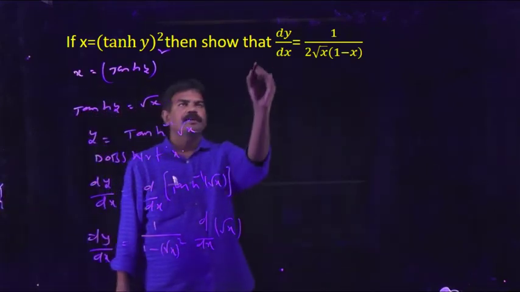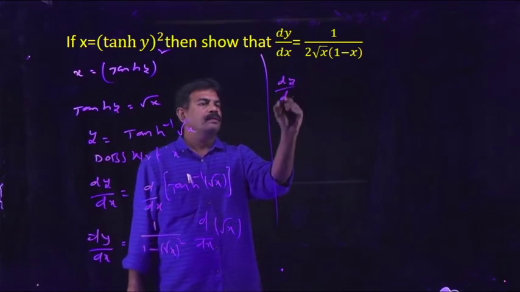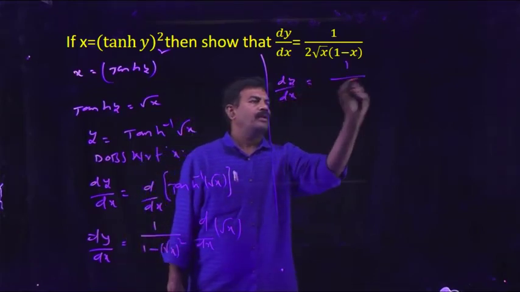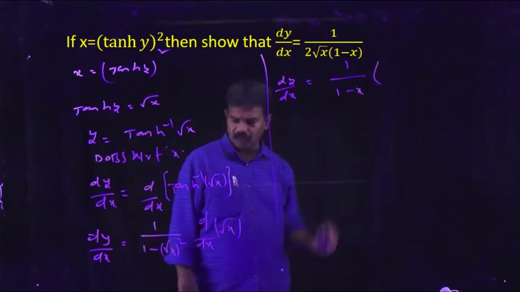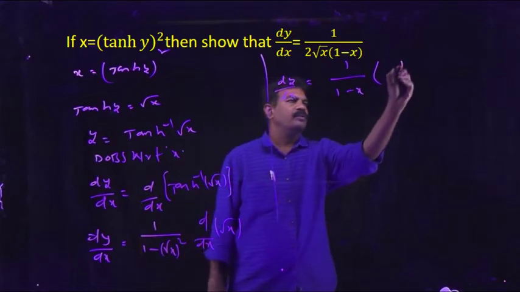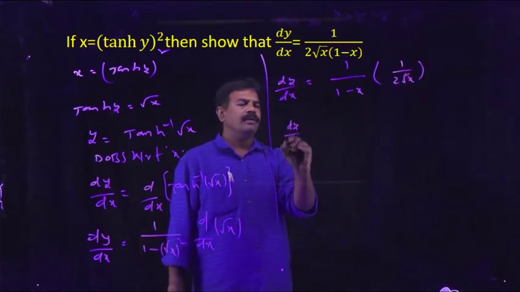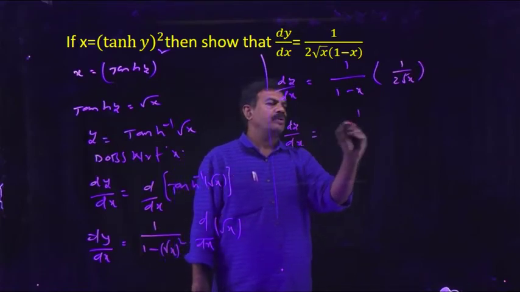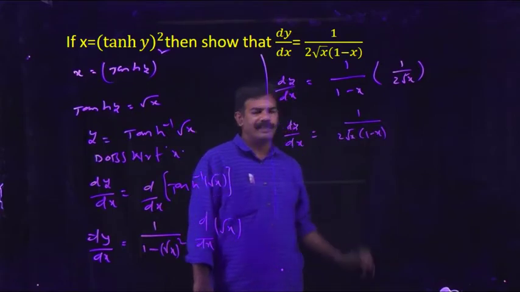So dy by dx is equal to 1 by 1 minus root x whole square, that is 1 minus x, into, we know the formula for derivative of root x is 1 by 2 root x. That is dy by dx is equal to 1 by 2 root x into 1 minus x.